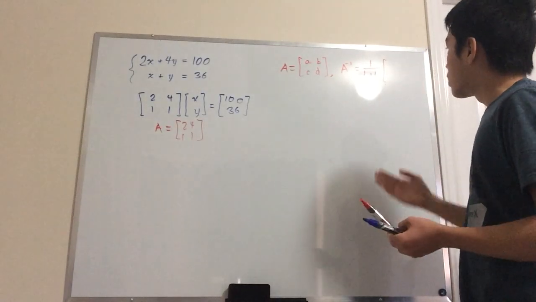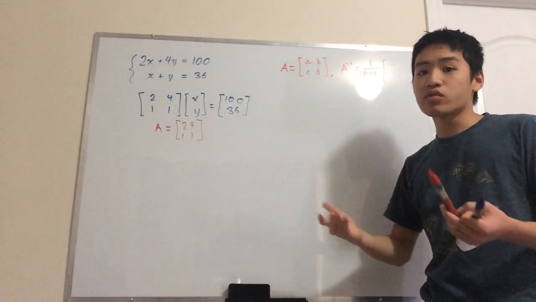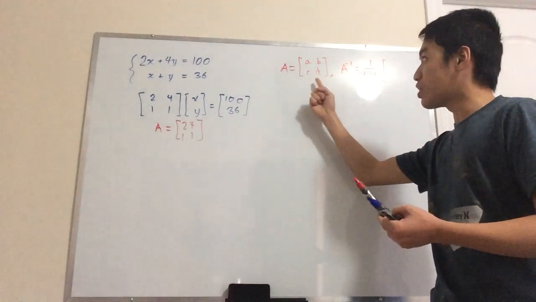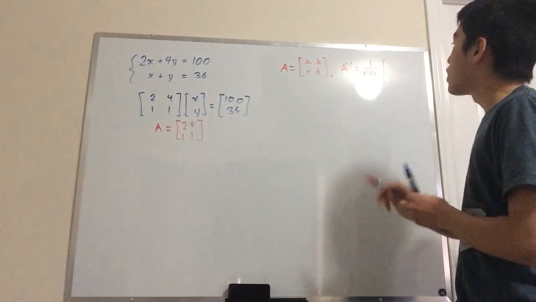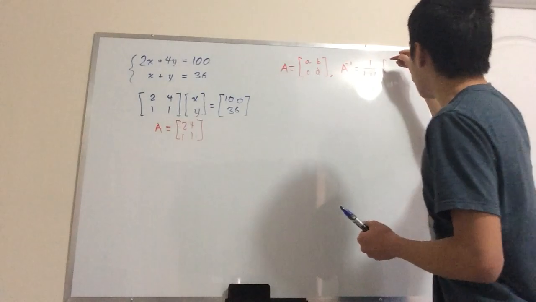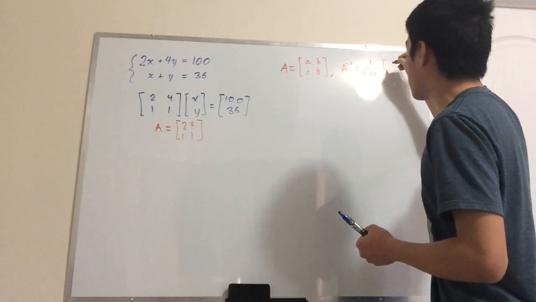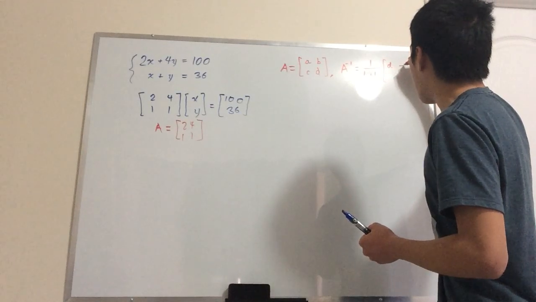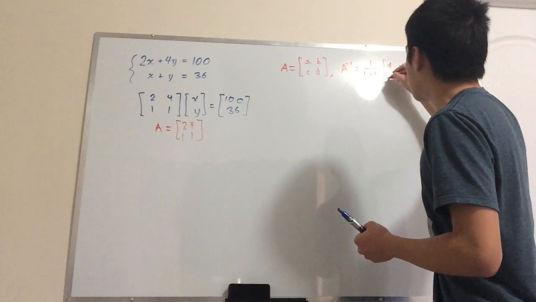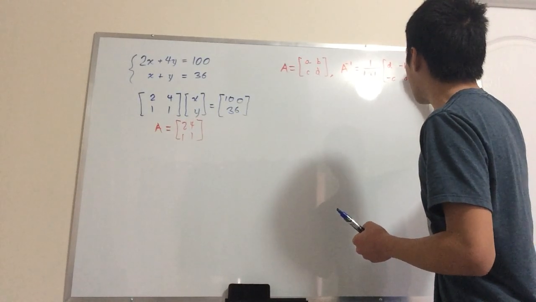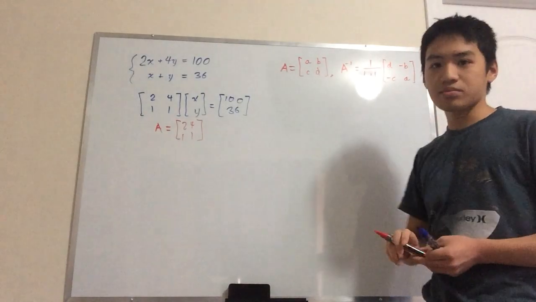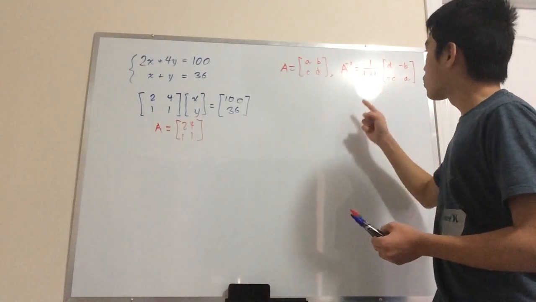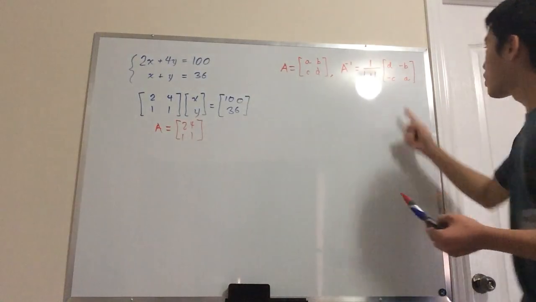And in general, you're going to notice that this matrix is composed of the cofactors of each of the entries of A, but for a 2 by 2 matrix, there's a very nice pattern. It ends up just being d, minus b, minus c, a. Just like this.